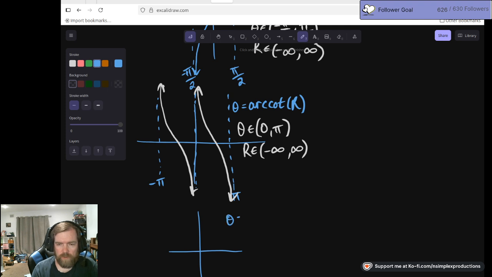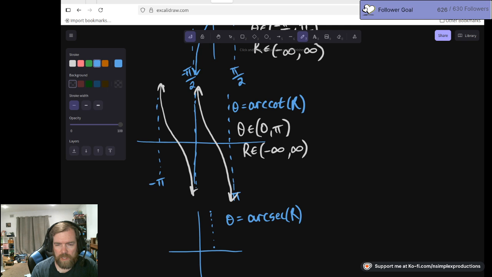If we want to go with theta equals arc secant of r, secant has cosines in the denominator, so whenever cosine is 0, that's where we end up having asymptotes.